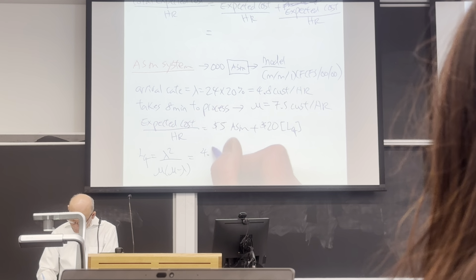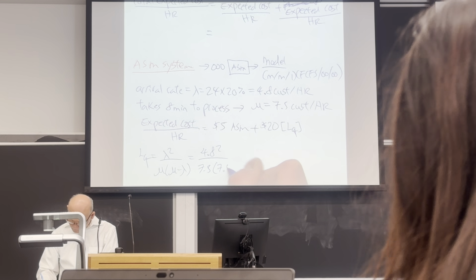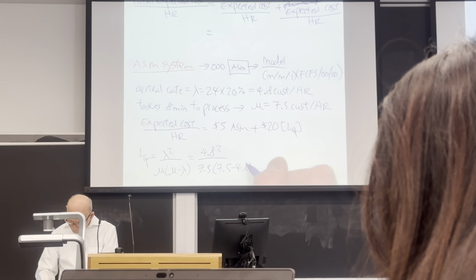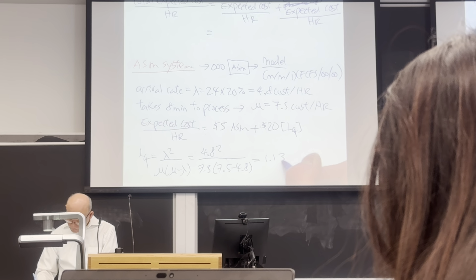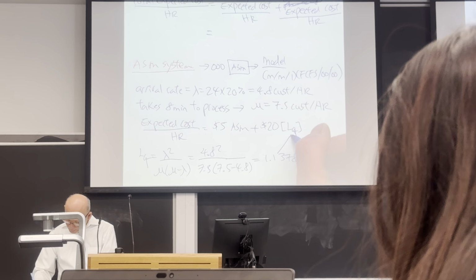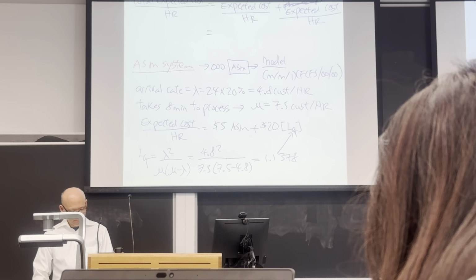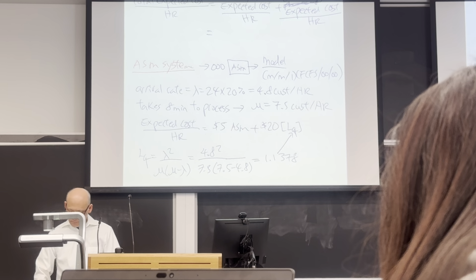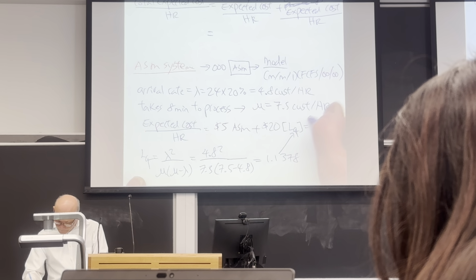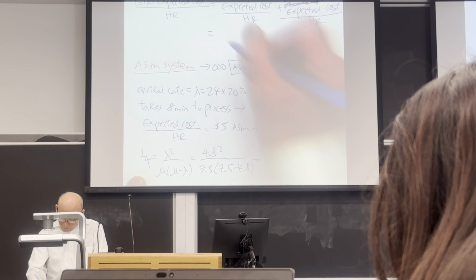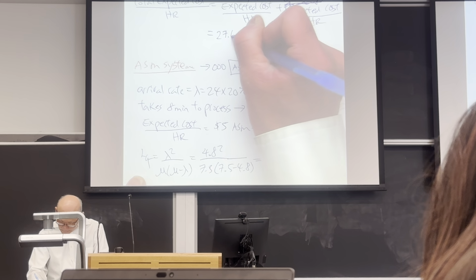So we put in our numbers. Okay, so we plug in our 1.1378, and this cost will work out to be $27.67. And so now we know this one is $27.67.